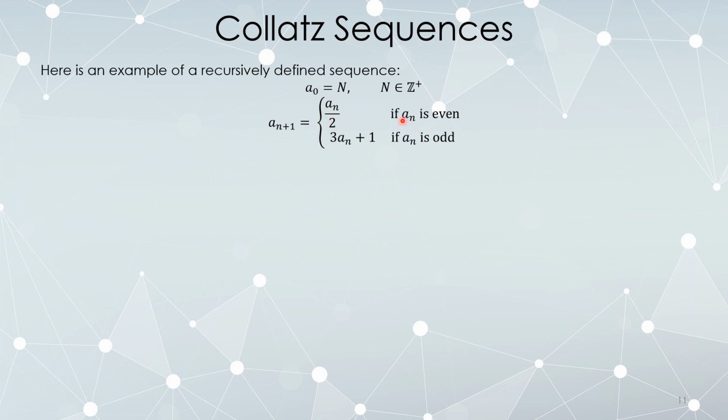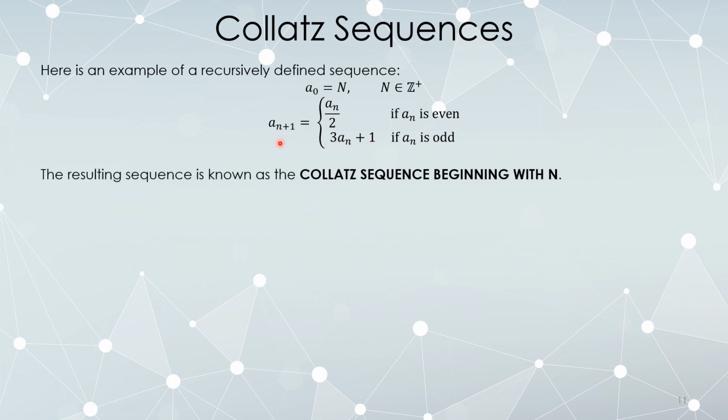If the previous term was even, divide it by 2 and that gives you the next term. If the previous term was odd, multiply it by 3 and add 1, and that gives you the next term. The resulting sequence is called a Collatz sequence, beginning with, well, whatever you picked as your first term. So suppose we start with a sub 0 equals 2, so we're letting capital N be 2.